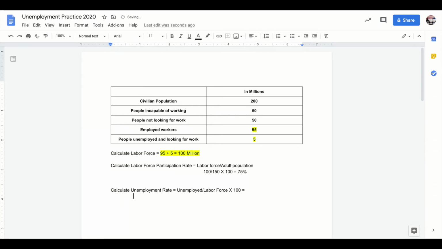If we go back to the top, our unemployed is 5 million people. Remember, to be unemployed, you have to be without a job and actually looking for a job. It doesn't count if you're not looking. And then we divide that by our labor force, which we already calculated as 100 million people. So 5 divided by 100 times 100 comes out to 5%.